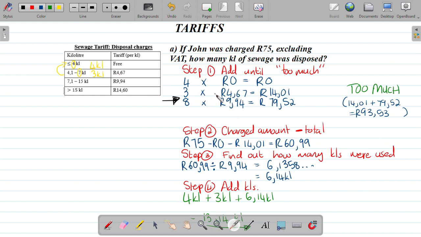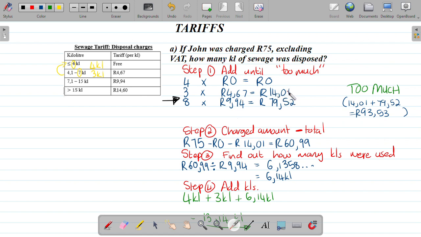So 3 kiloliters times this rate gives me 14,01 Rand. Now, we can clearly see that if we take 0, the free amount, plus this, it doesn't give us 75 Rand. So he obviously must have used more units because it only brings us to 14,01 Rand.